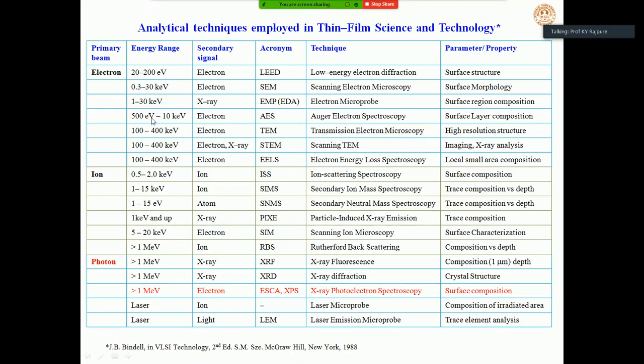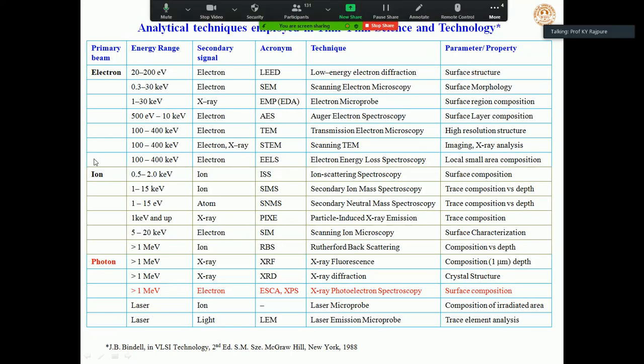Then 500 electron volt to 10 keV, electron spectroscopy. Then more than 100 keV, transmission electron microscopy, scanning transmission electron microscopy, electron energy loss spectroscopy. If we use ions, then various techniques are there. If we use photons, particularly X-rays and light, then XRD, XRF, ESCA and other techniques are there.